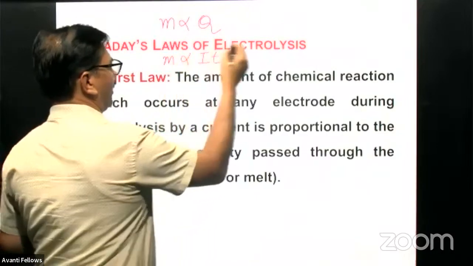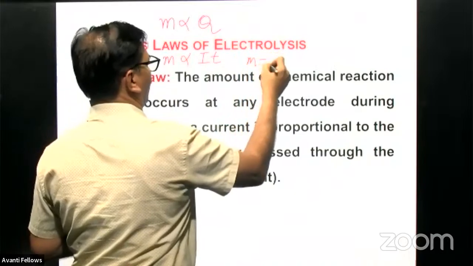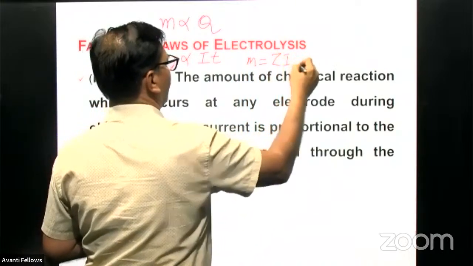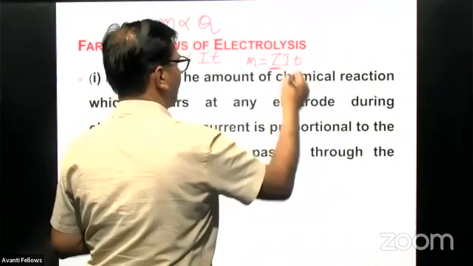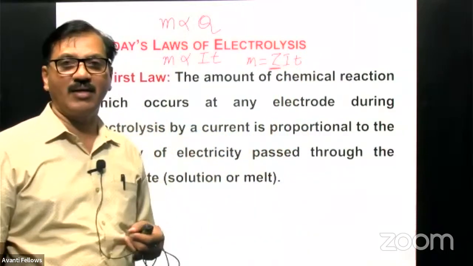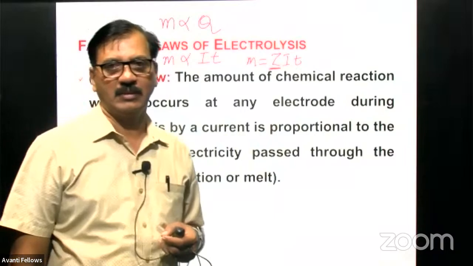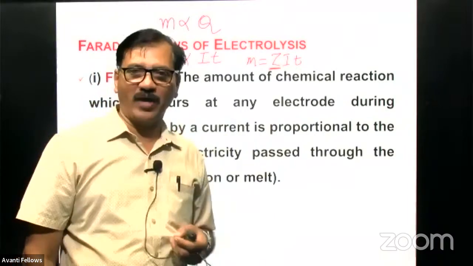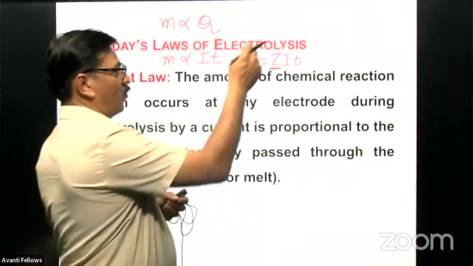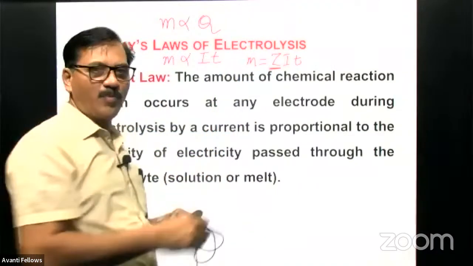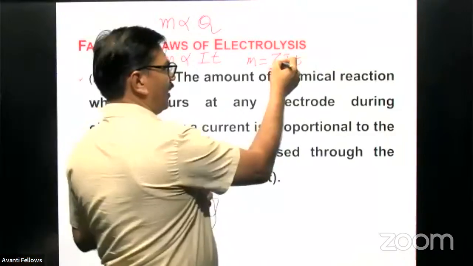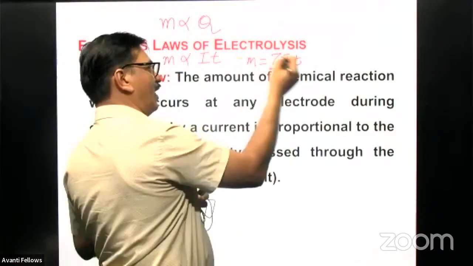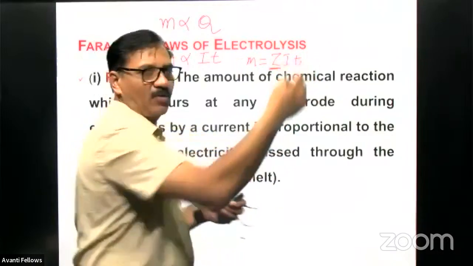When the proportionality sign is converted into an equation, there is a proportionality constant, Z: Z I T. This Z is called the electrochemical equivalent. The proportionality constant has a name. How do you define that? The electrochemical equivalent Z is the mass deposited when I is equal to 1 and T is equal to 1.